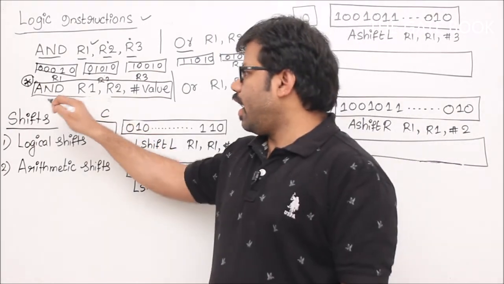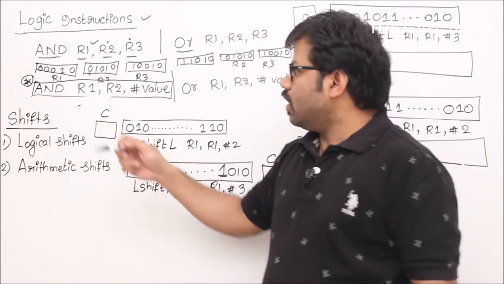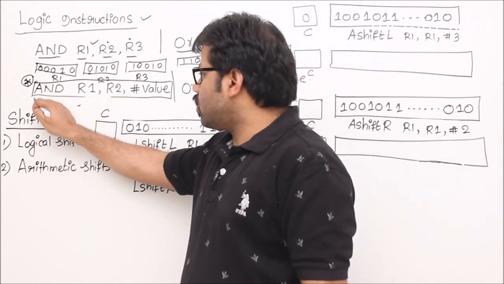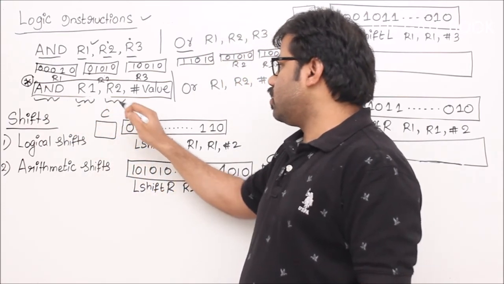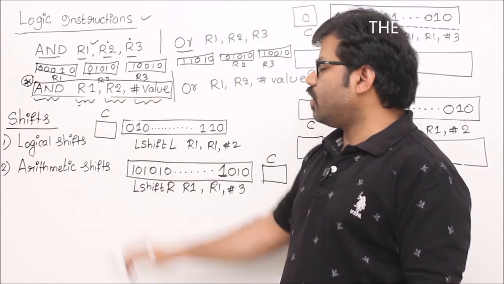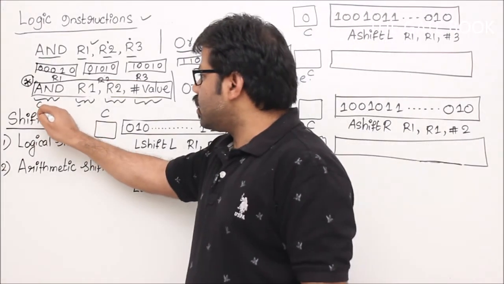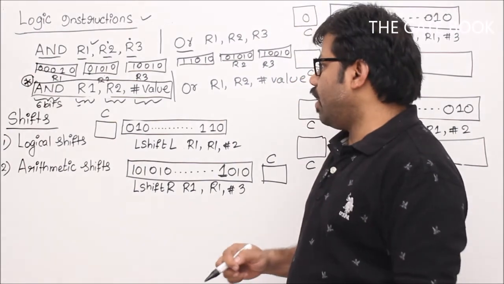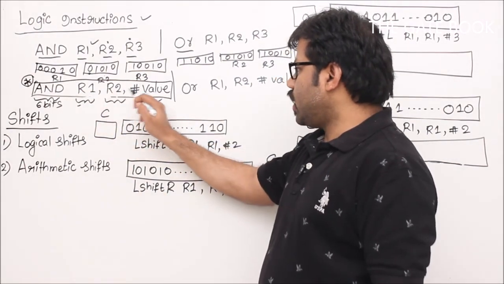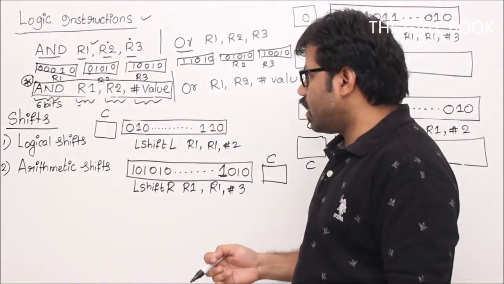Let me assume I have 64 instructions. Then this is called the opcode. I'm assuming we always have 3 operands, at least in this instruction. If I give 6 bits for the opcode, then how many other bits do we have for R1, R2, hash value? We have 26 other bits, correct?